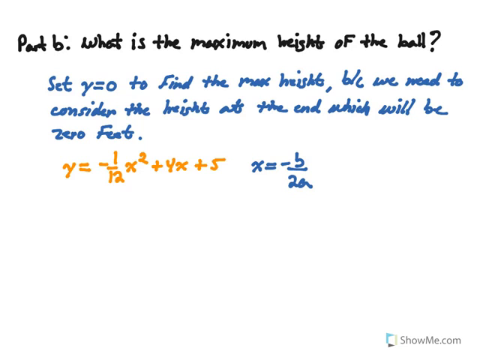Now, in this particular problem, you got to think of the x coordinate as time. As soon as you throw the ball, it's going to take a certain amount of time to reach the maximum height and then go back to the ground.